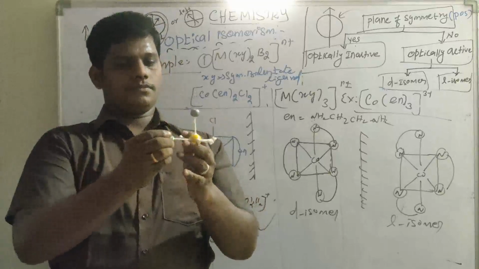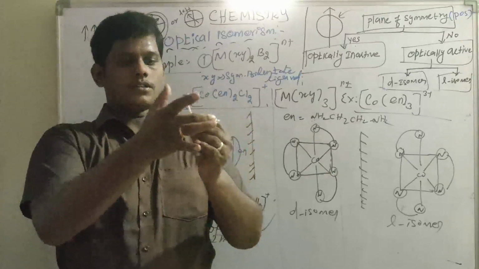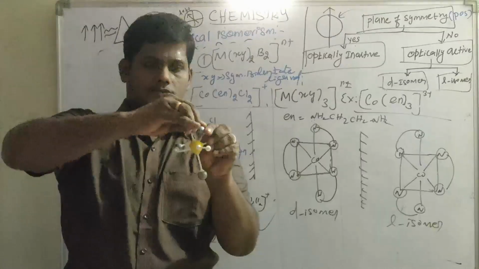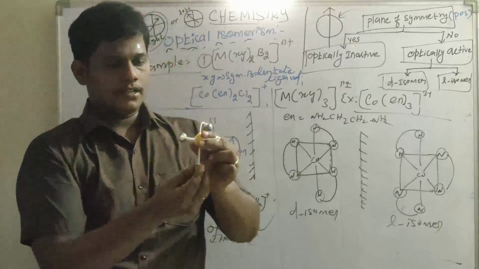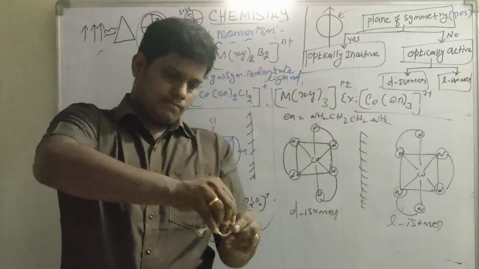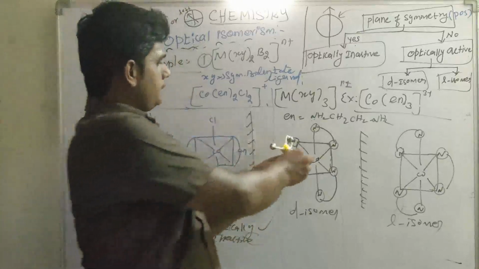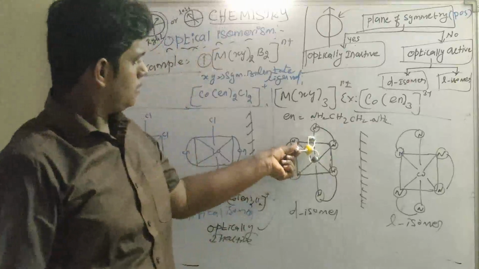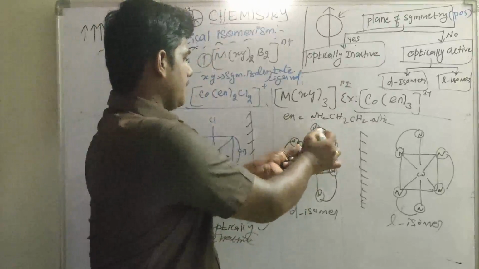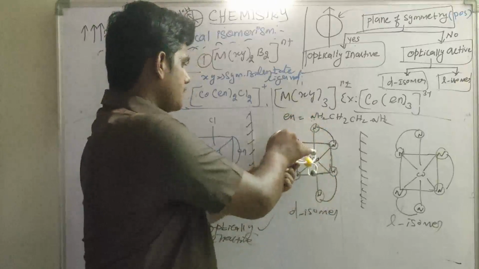Now we discuss the 3 bidentate ligands. One occupies an axial and an equatorial position, similarly here, axial and then equatorial. You see, in this complex, this is the cobalt atom, this is ethylene diamine 1, and another ethylene diamine is below the plane, above the plane, below the plane.